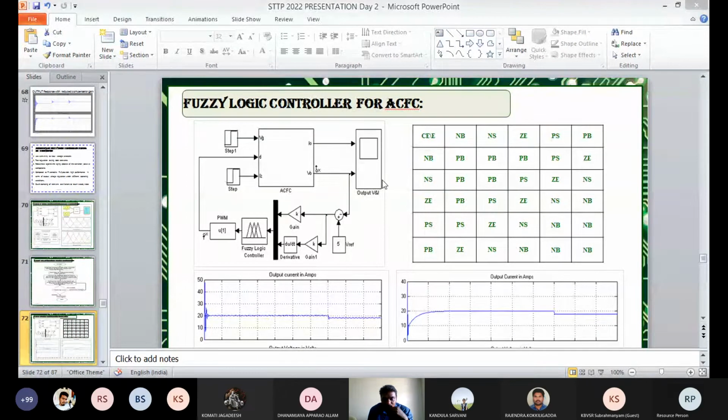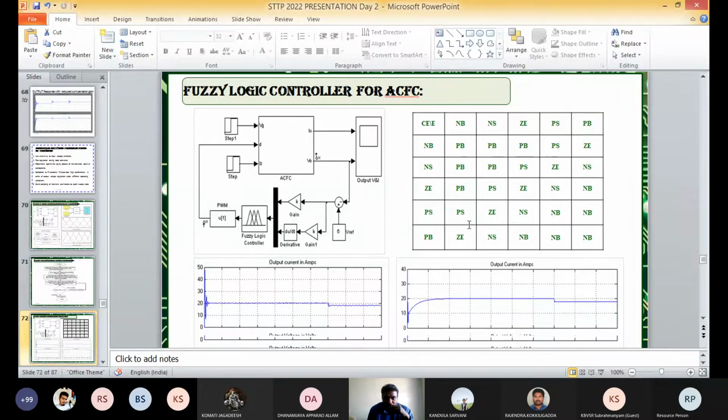If one is positive big and the other is zero error, you need to drag with negative small. Like that, you need to form the table simply. This is a simple example. We can get a fuzzy logic controller easily just by observing our real-time principle. Like that, we can form the fuzzy logic table.